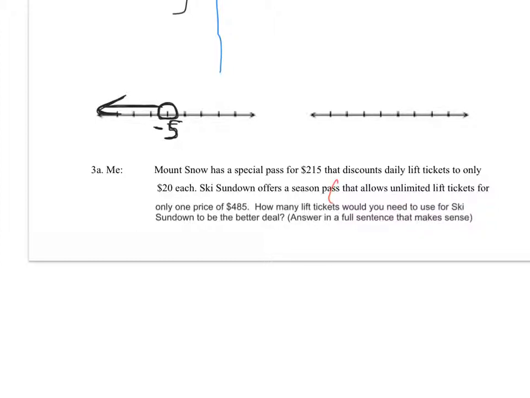Answer in a full sentence that makes sense. Okay, so first we're going to define our variables, which means we're going to say that t is equal to the number of lift tickets.